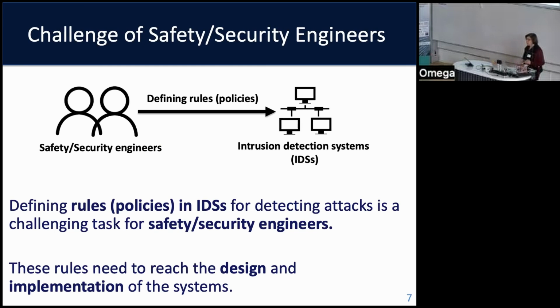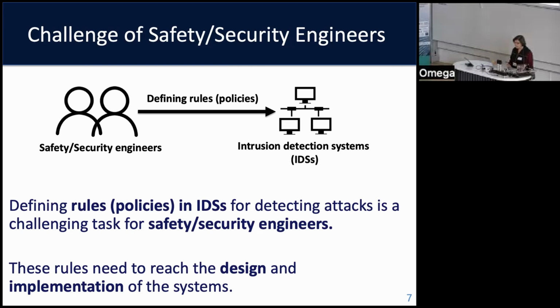So the challenge for safety and security engineers is that they have to define rules, do some kind of risk management, and define rules and policies and put them in these intrusion detection systems that help detect the attack and maybe do something about it, or just stop the robot.